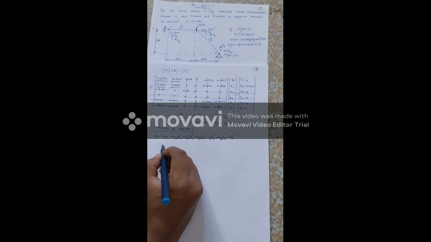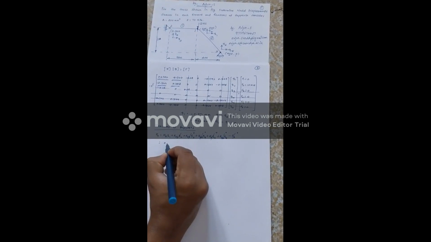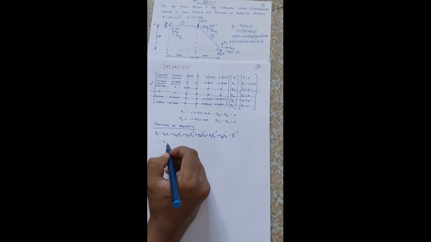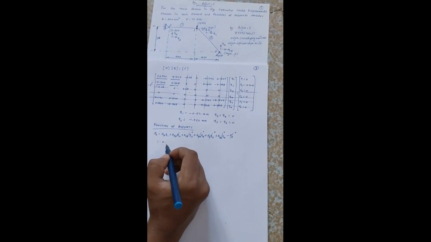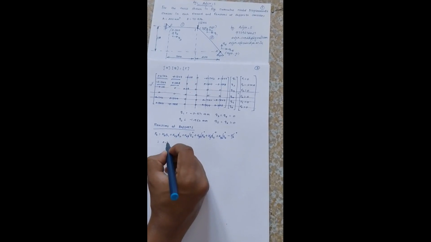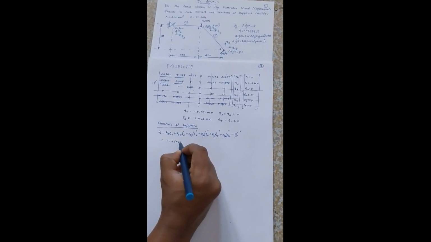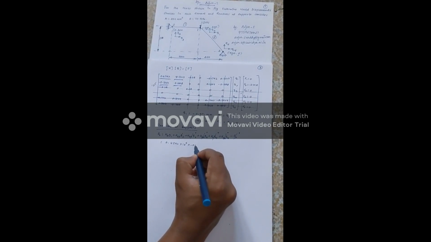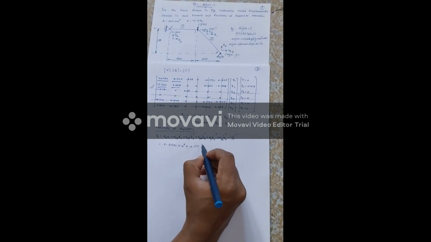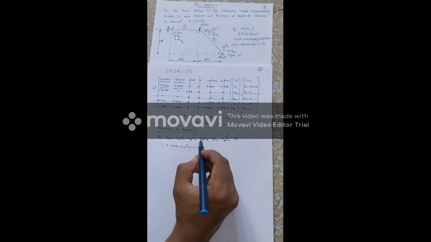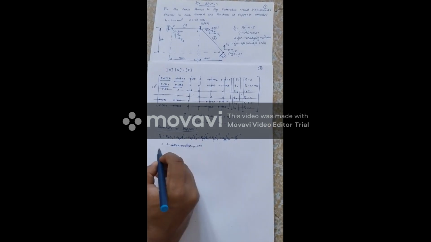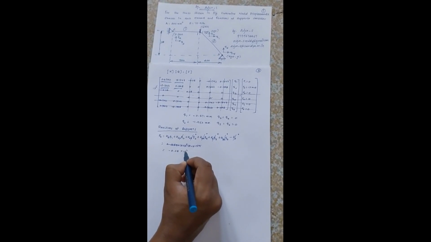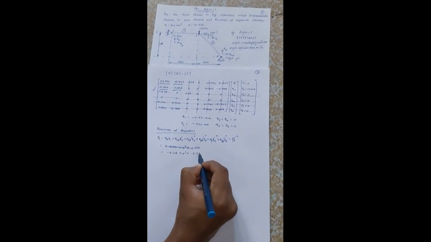and so K31 is 0.4592 into 10 power 5 into the value of Q1, which is minus 0.571, plus K32 is minus 0.28 into 10 power 5 into minus 0.571.